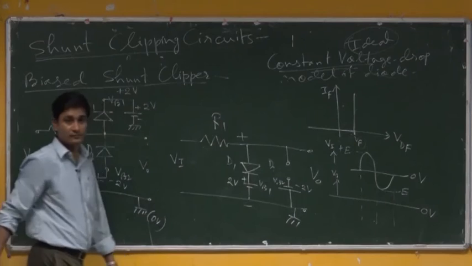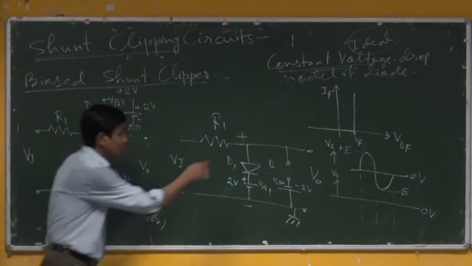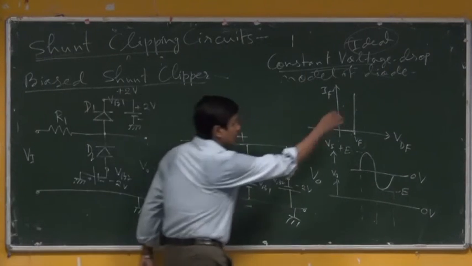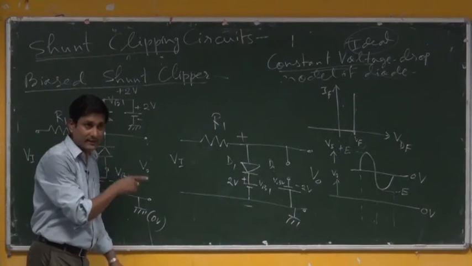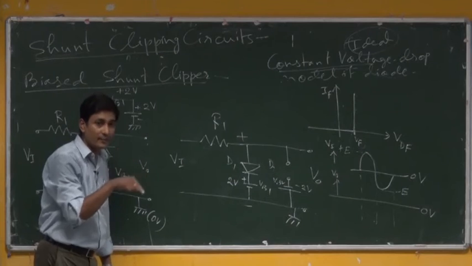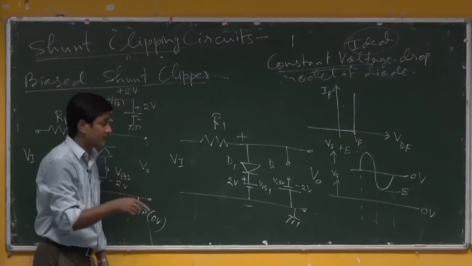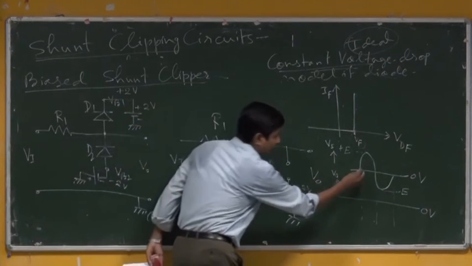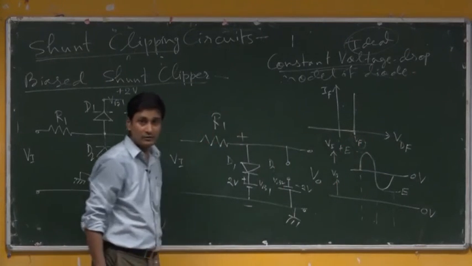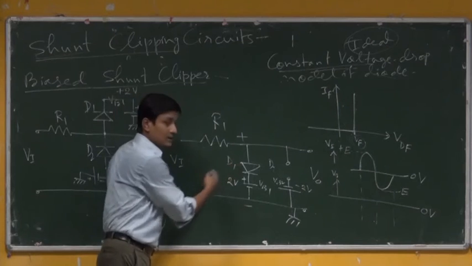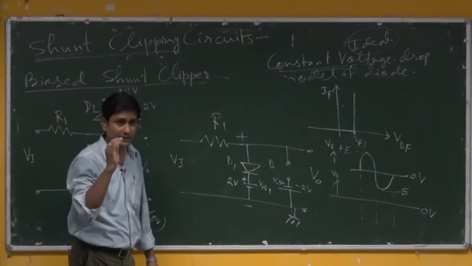Remove it. What happens to this diode with the constant voltage drop model? I will replace it with a VF potential. After I find that this Vi, the voltage which is going here, has gone above VF, then this diode will start conducting. Small error will be there, forget it.